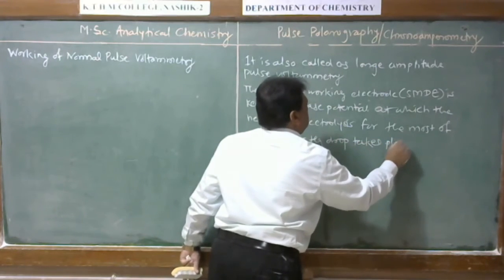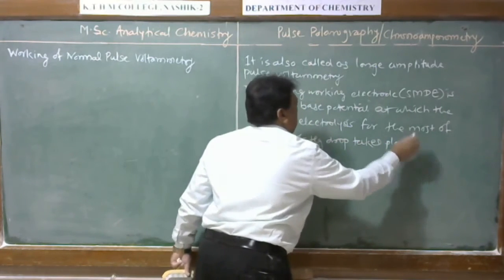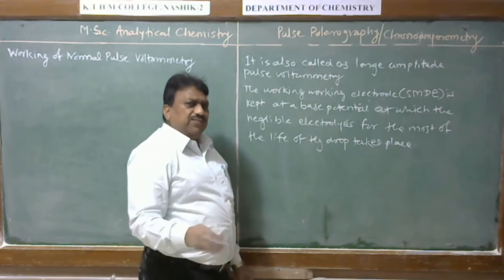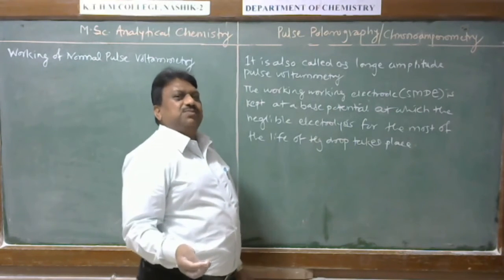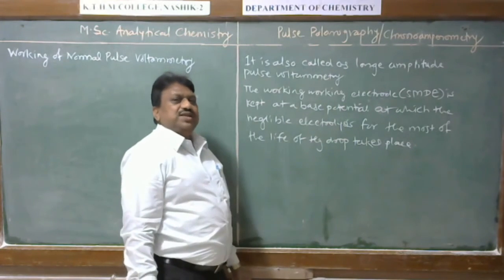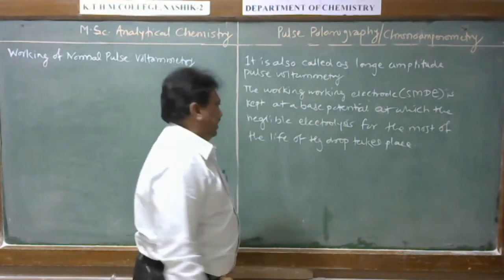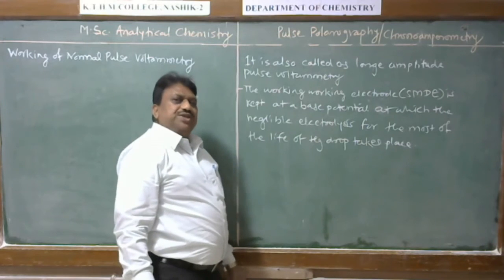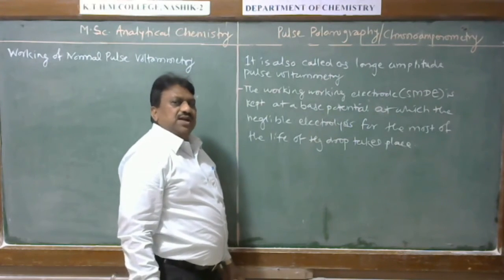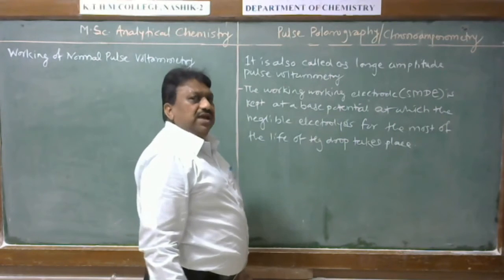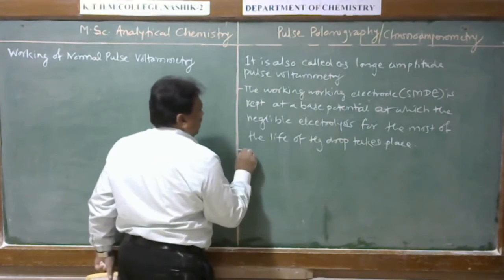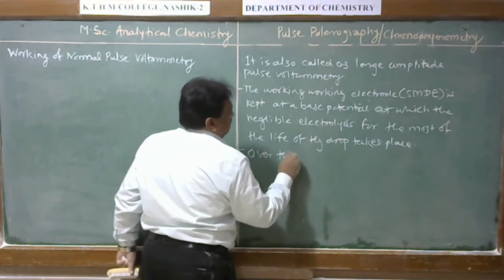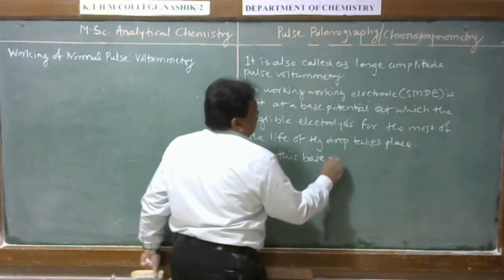That means here the analyte is not totally reduced, but if we slowly increase the potential, electrolysis would start and the analyte may be deposited. Therefore, the working electrode is kept at a potential at which minimum electrolysis occurs, and this potential is called the base potential.